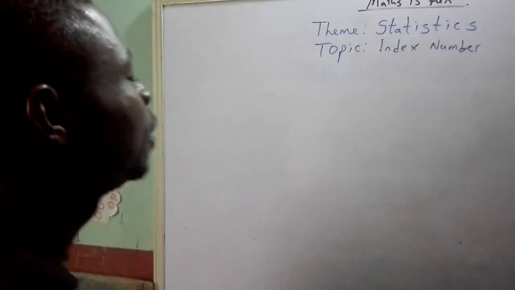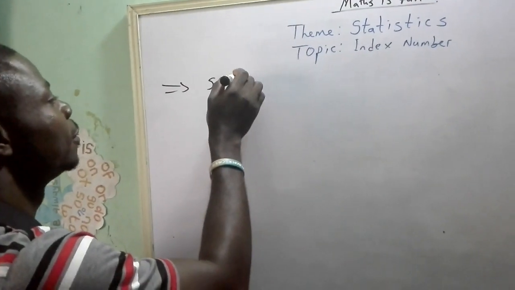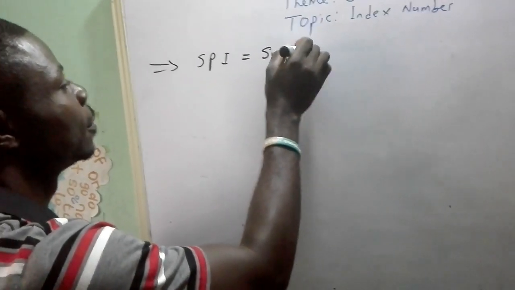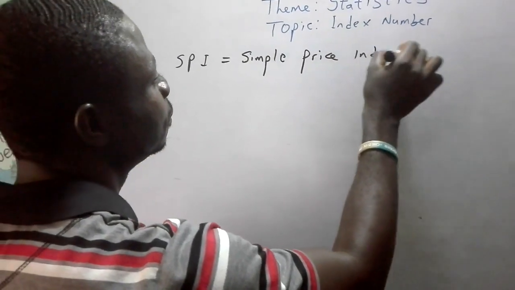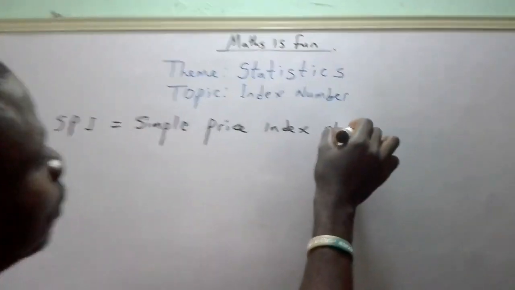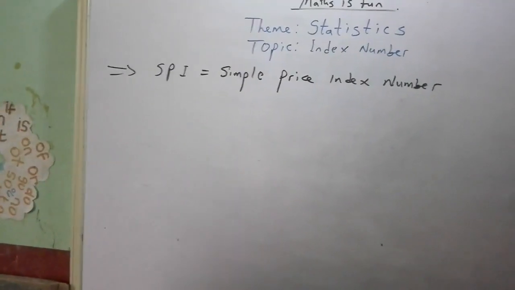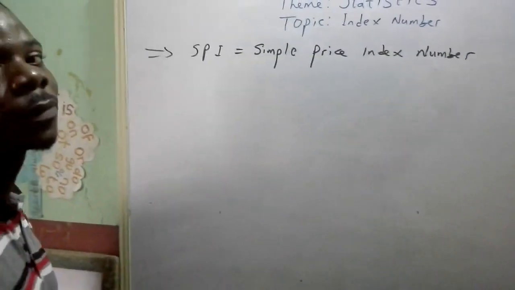Now the next one now is SPI, which is simple price index number. Simple price index number. So how can this be computed?